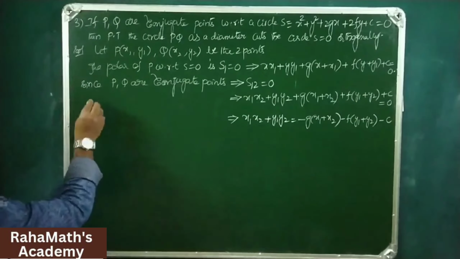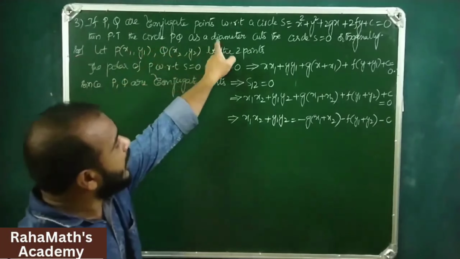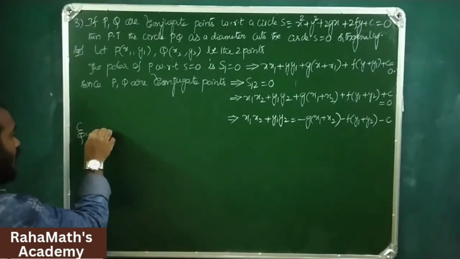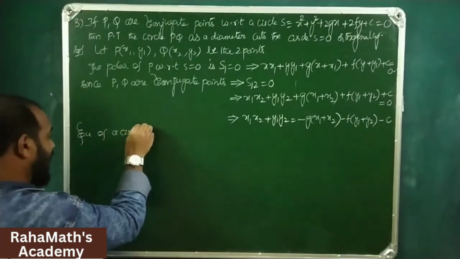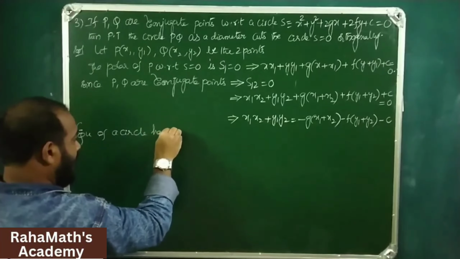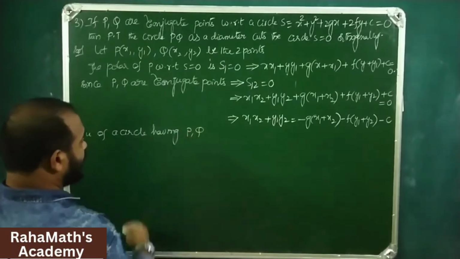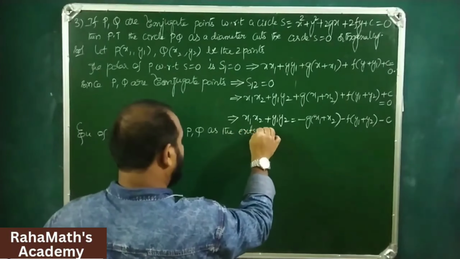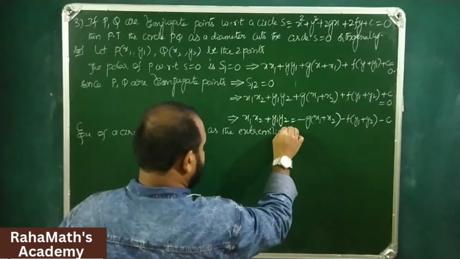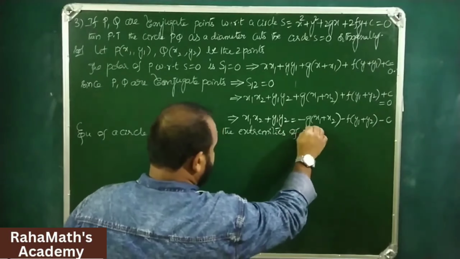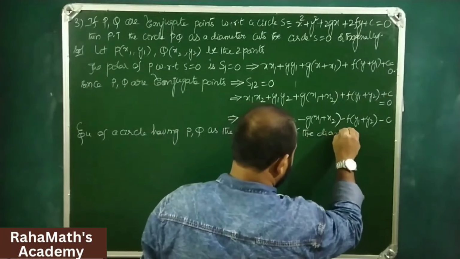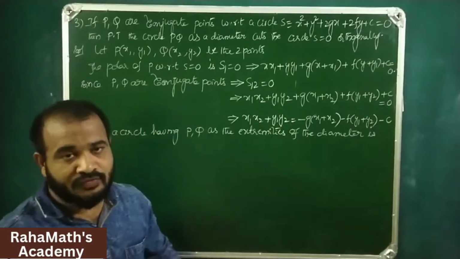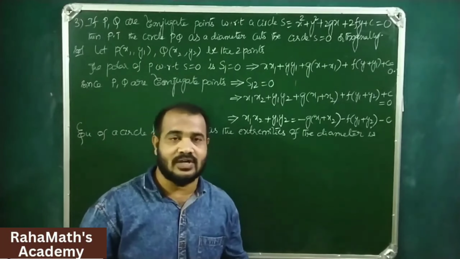Now, prove that the circle with PQ as the diameter cuts the circle. So the equation of a circle having P, Q as the extremities or endpoints of the diameter is, the diametric equation of the circle, which we have studied before in the circles chapter.